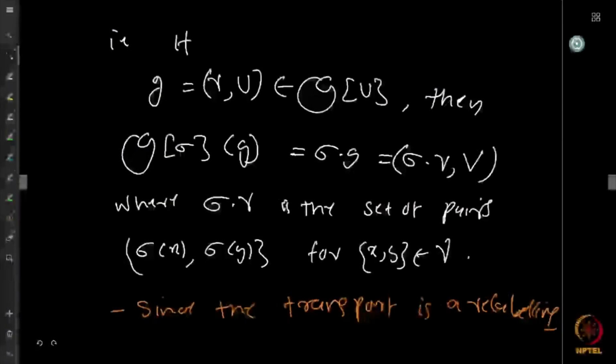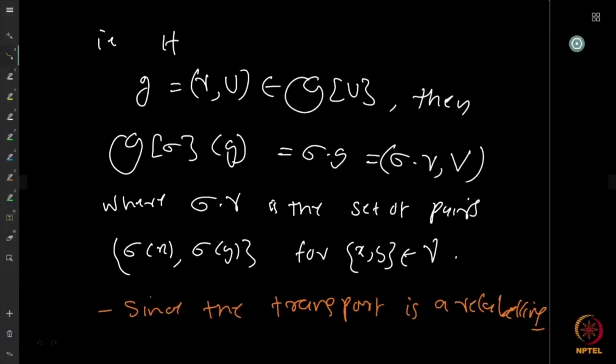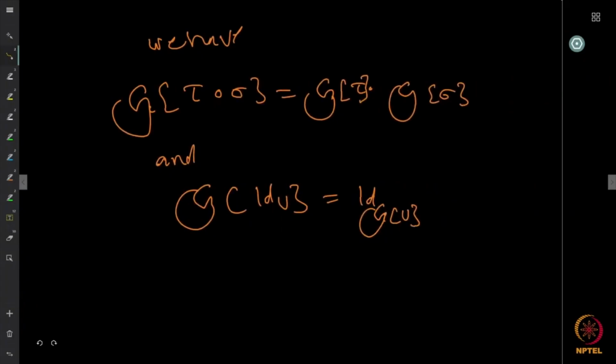We also see that because the transport is just a relabeling, G of tau composition sigma, where tau and sigma are two bijections, is basically G of tau composition G of sigma.